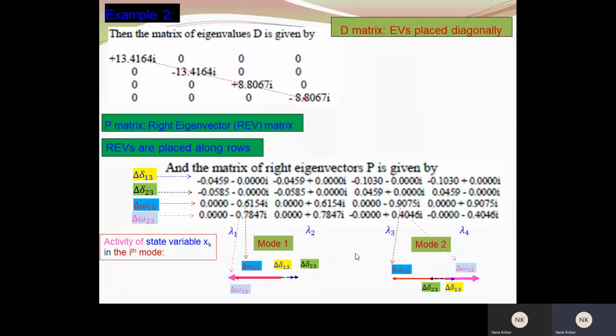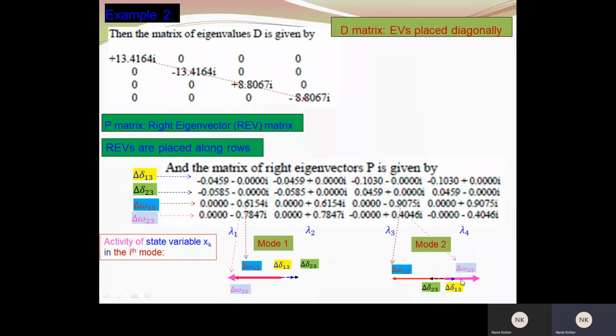Next, if we refer, we find that for mode 2, as you can see here, it is associated with omega, lambda 3 and lambda 4.